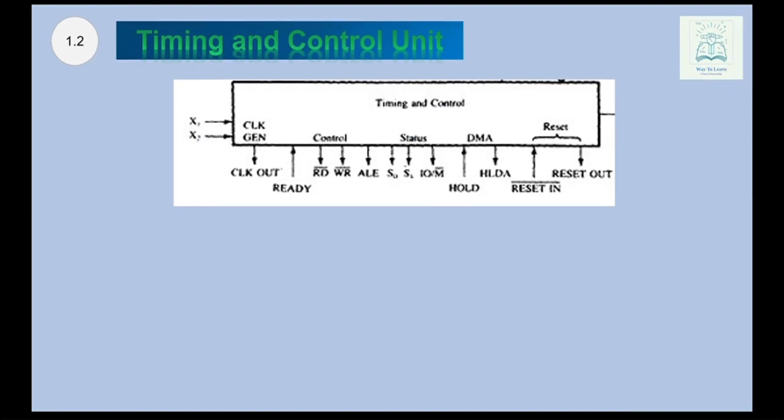Timing and control unit is the most important part of the microprocessor. This unit controls the maximum performance of the microprocessor. The timing and control unit is a section of CPU. It generates timing and the control signals which are necessary for the execution of instructions.